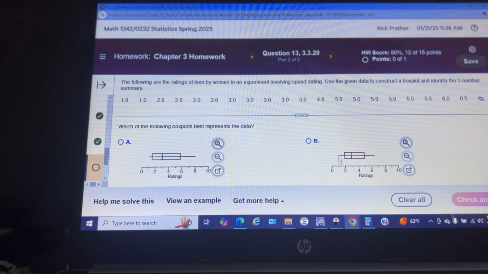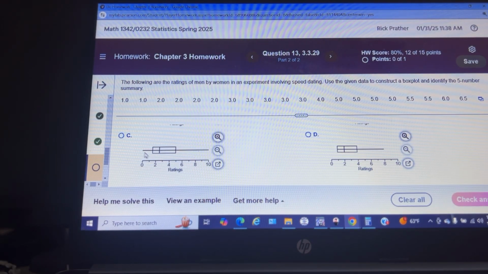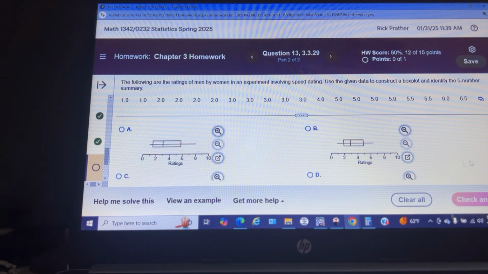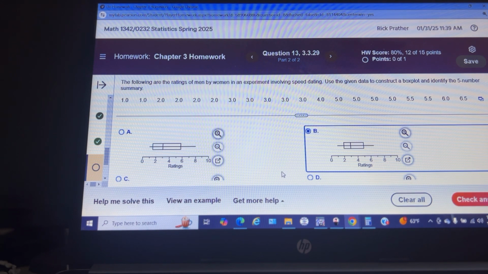It's also possible here. C is definitely out already because they have the line all the way down at 0. And D basically doesn't even have a line there, so that one's out too. This has got to be graph A or B. And it's definitely B because the Q1, the lower quartile, was at 2, and that's the edge of the box. The edge of the box on the left side is the lower quartile.